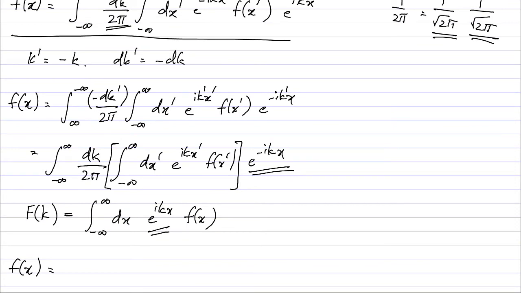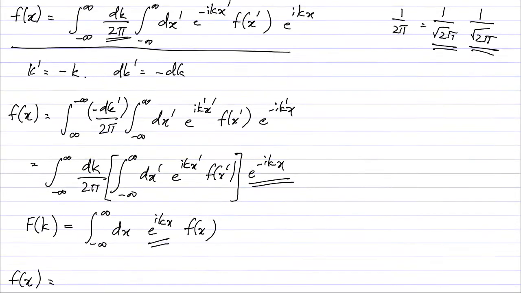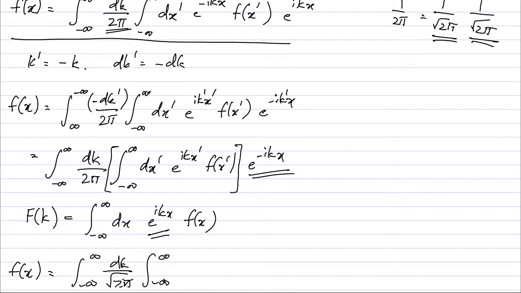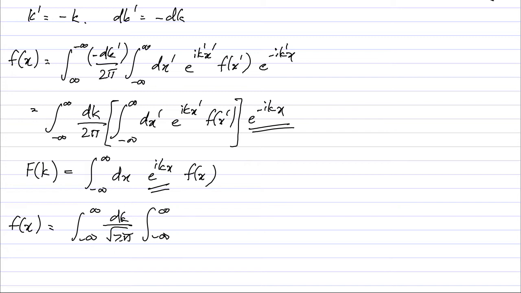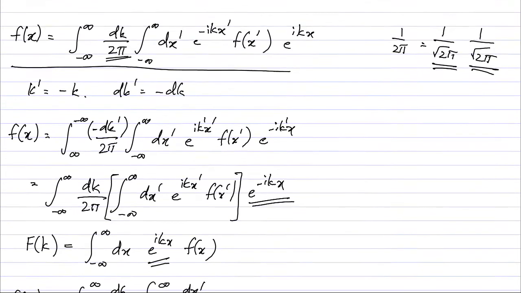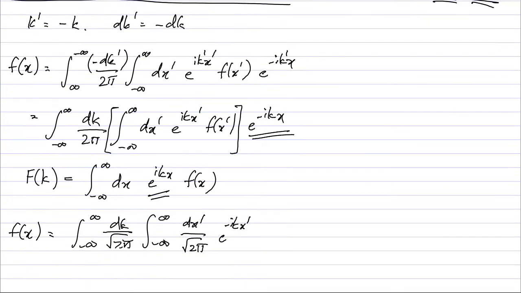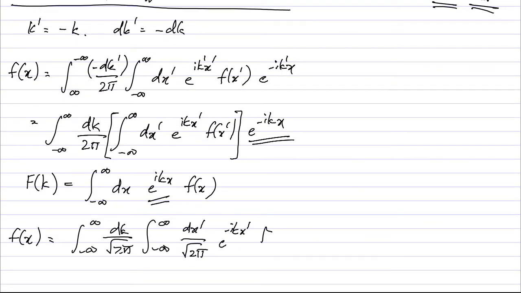So they write this Fourier integral theorem as minus infinity to infinity dk over square root of 2 pi, minus infinity to infinity dx prime over square root of 2 pi, and then you have e raised to power minus ikx prime f of x prime, e raised to power ikx.